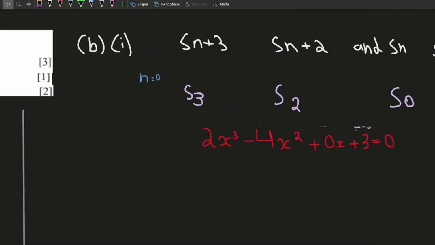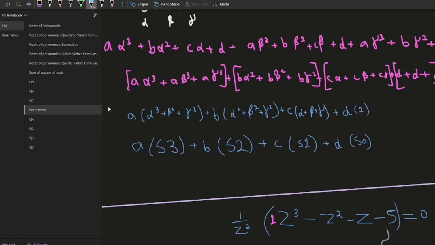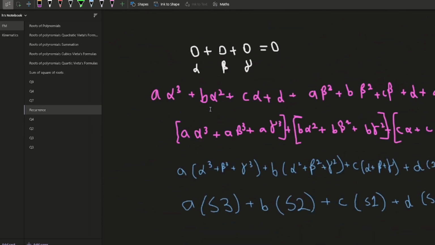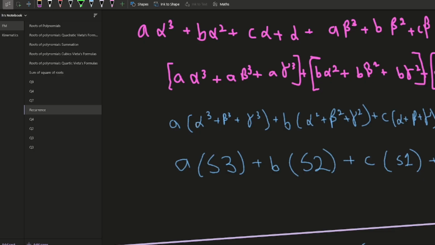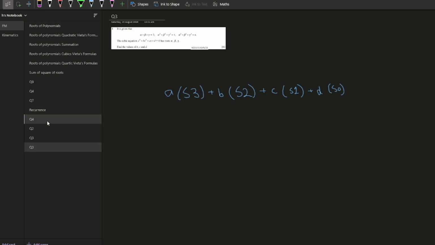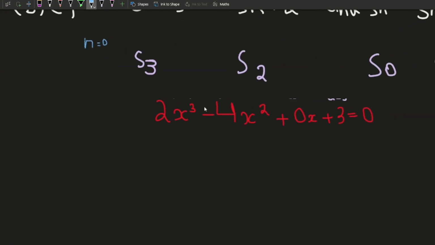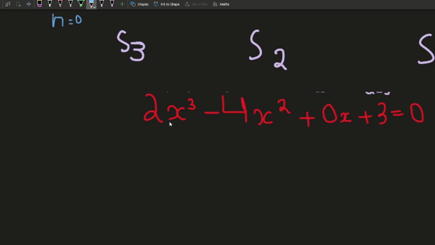Right? So if we were to follow this method again, in place of x cube, we will have the sum of cubes of roots, which is what we want. S3 is equal to the sum of cubes of roots. So let's put S3 in place of x to the power 3.